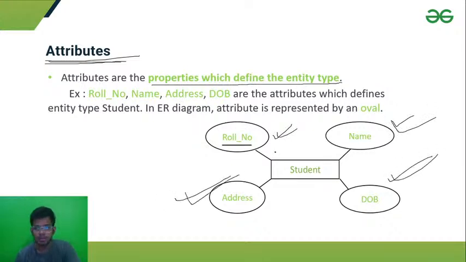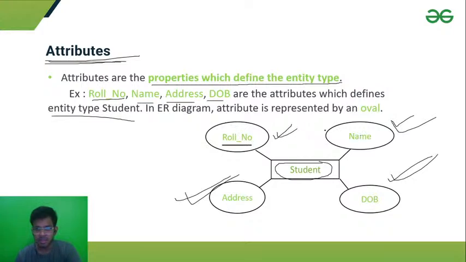These are the properties which define the student entity, or technically, we call them attributes. For example, roll number, name, address, DOB are the attributes which define the entity type student in an ER diagram.